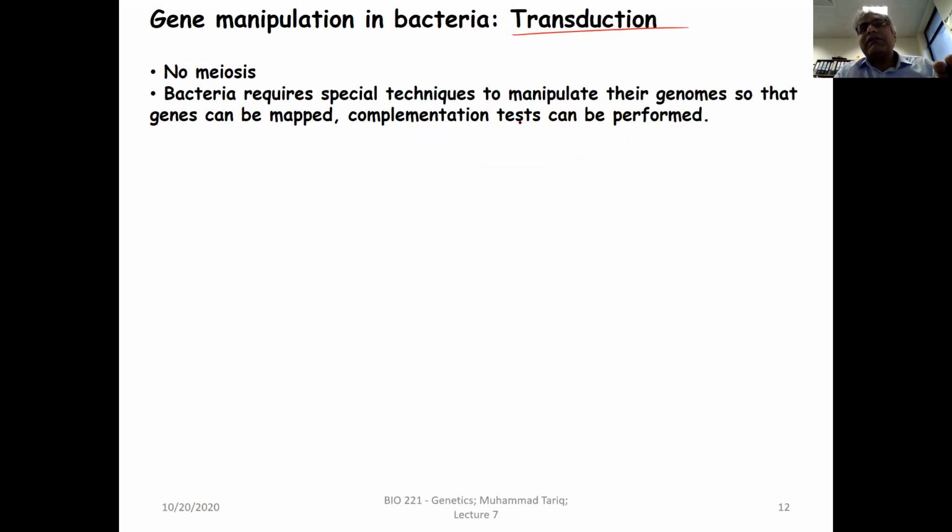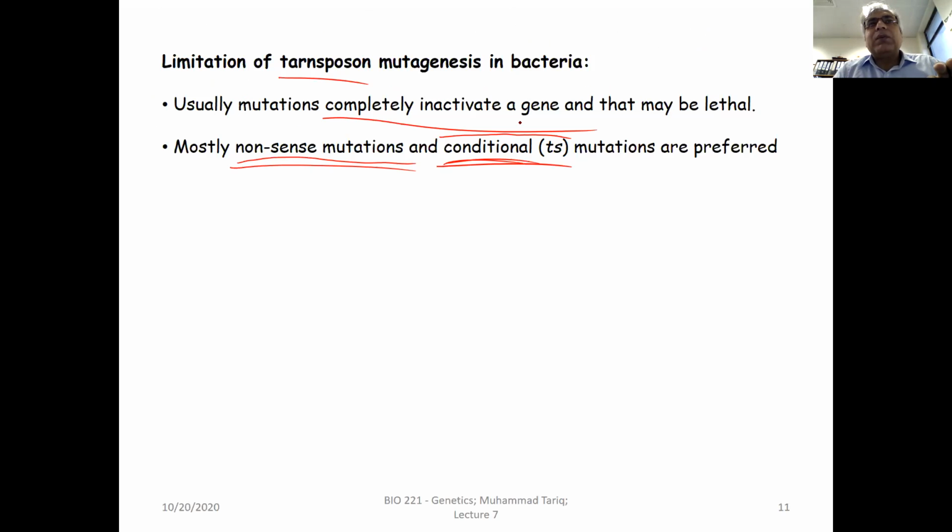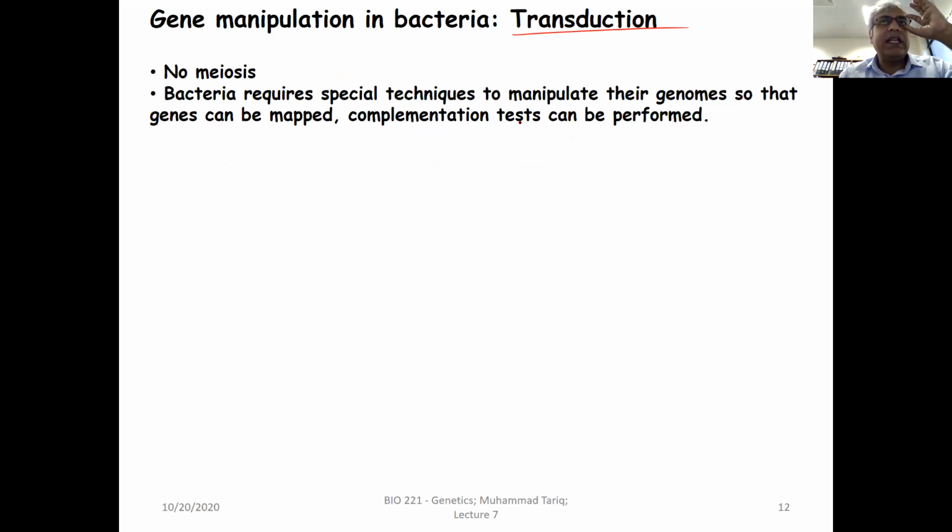It has its own limitations as well, but compared to Tn5 mutagenesis, where, based on insertion of Tn5, you acquire kanamycin resistance and then screen for the gene of interest, which many people have used extensively, they refined bacterial genetic analysis using transduction as well, in which bacteriophages are not just used to deliver their DNA.